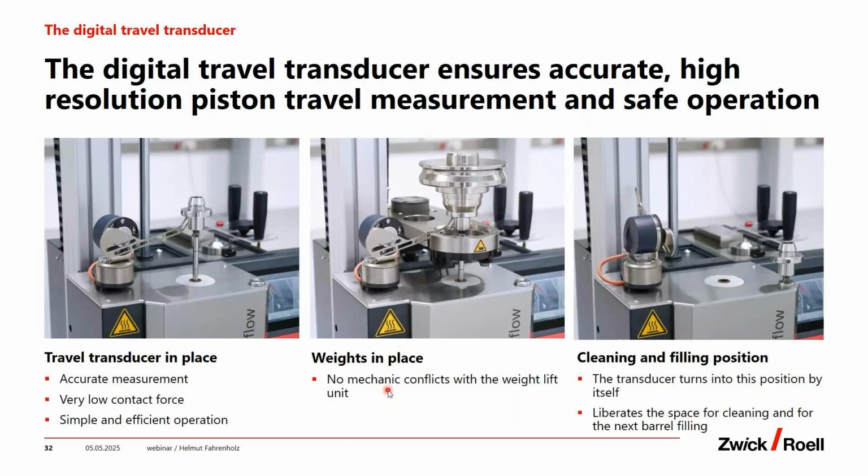There's no mechanical conflict, so if you use a weight lift station, so a more automatic machine, the piston travel transducer just stays in place. Here's a little opening so that nothing goes wrong. For cleaning and filling, you can turn it around, and you have a special position for the travel transducer to have more space to work.